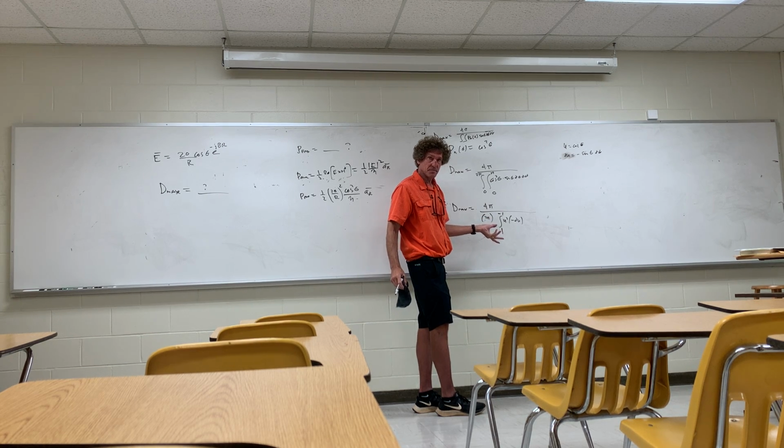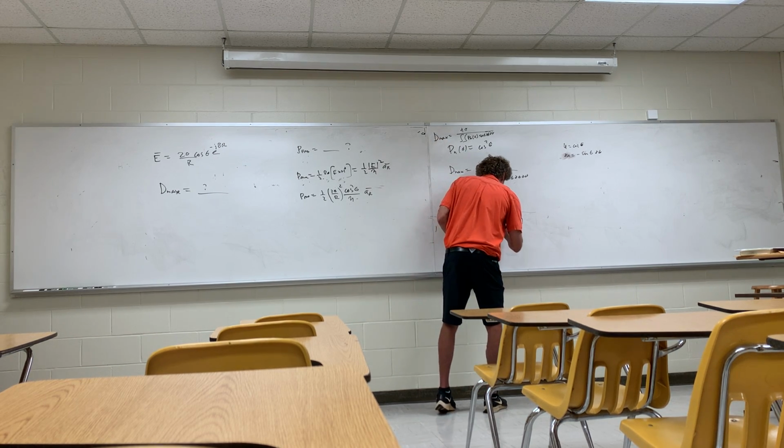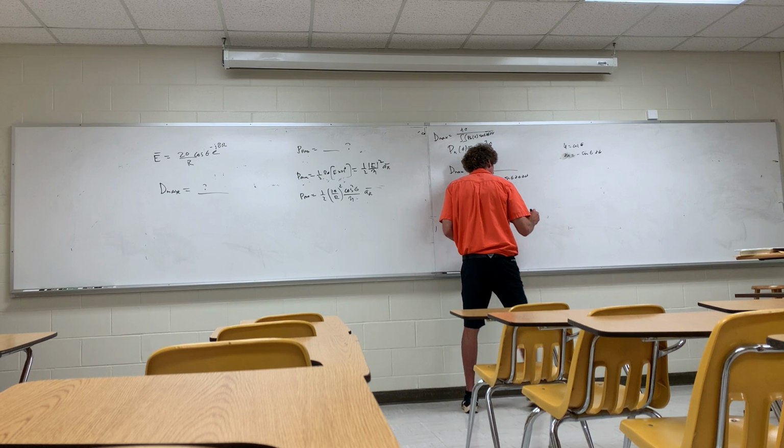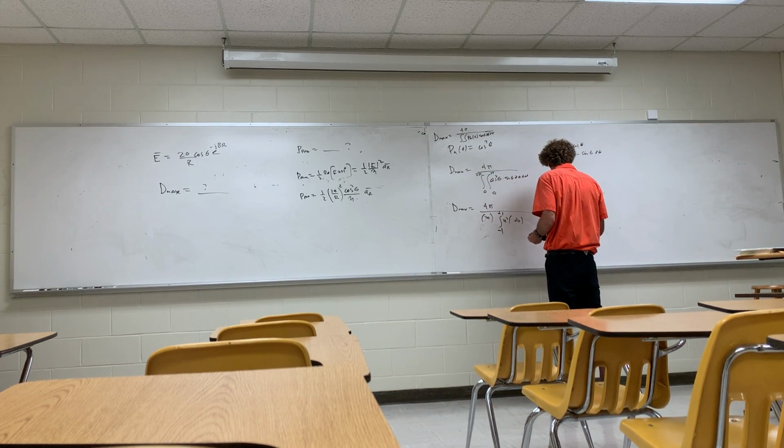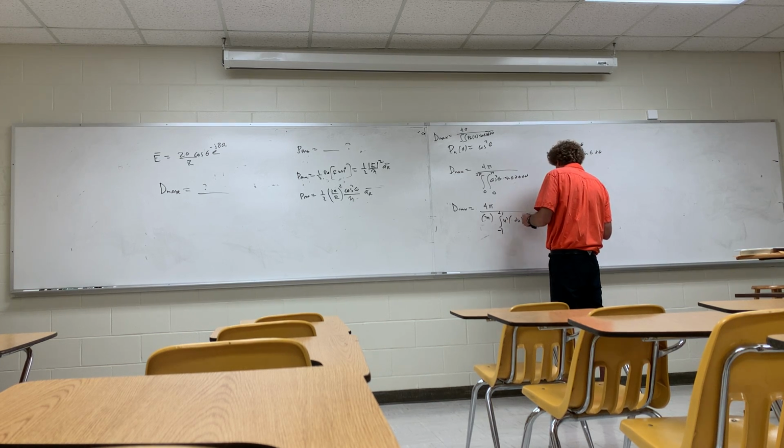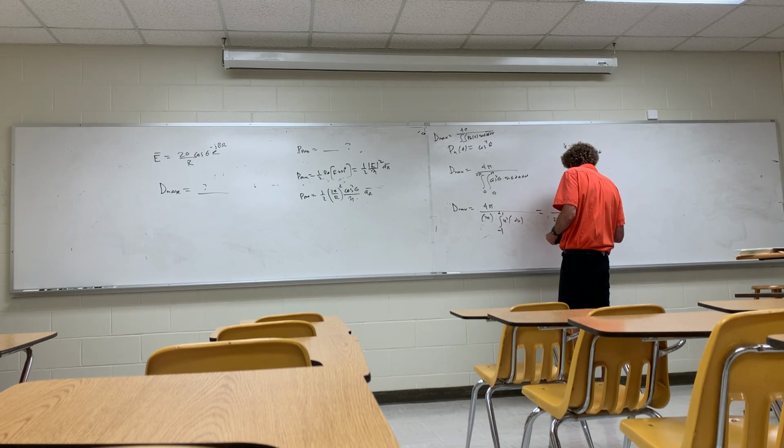Y'all with me, class? Flip the limits. And that's going to be what? 4 pi, then I'm divided by 2 pi, right? And then when I do this integration, I get u cubed over 3, evaluated from minus 1 to 1.